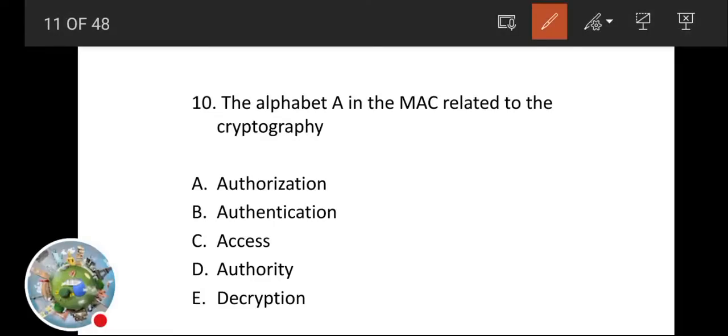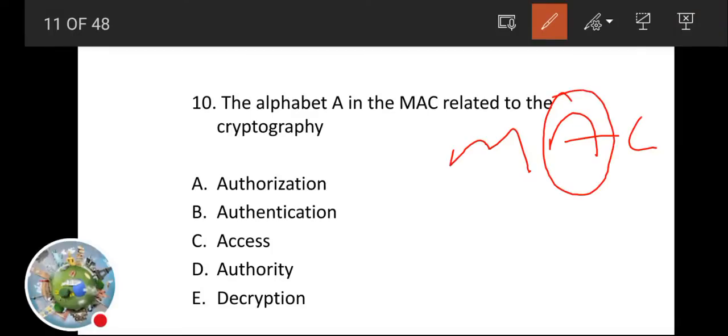The answer is: the MAC is the algorithm to compress the message by using a secret key. So when you are using the secret key while decrypting, you have to get permission.